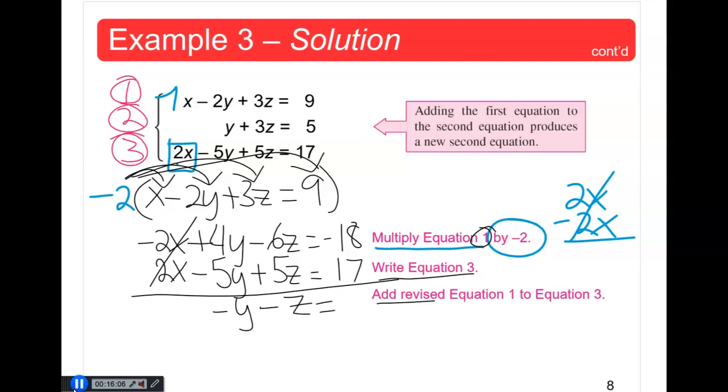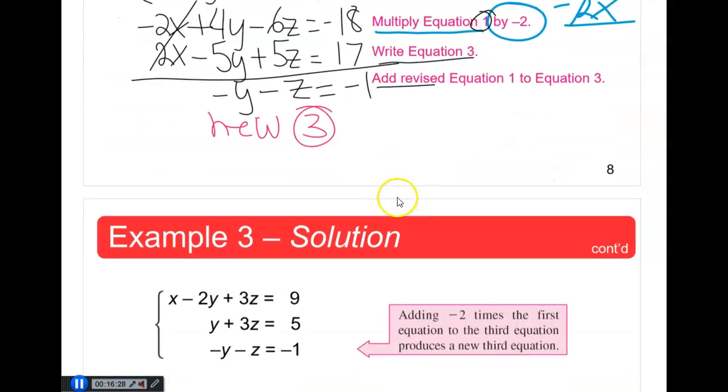And then for the constants, we have negative 18 plus 17, so that is negative 1. And so that is our new equation number 3. You can see that new equation is already written down here on the next slide.